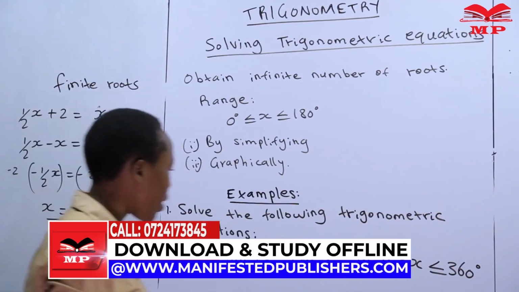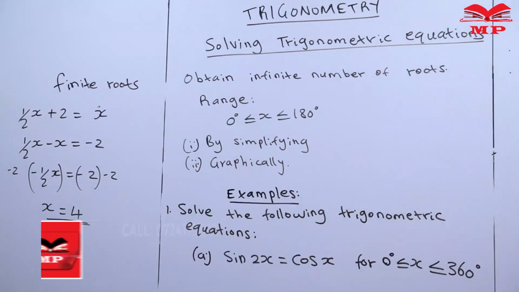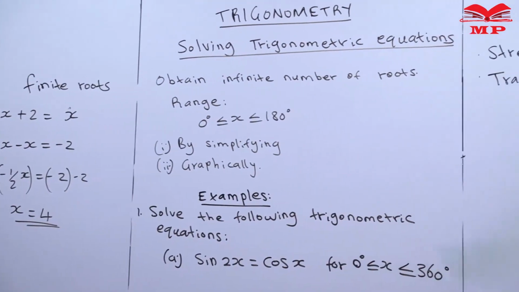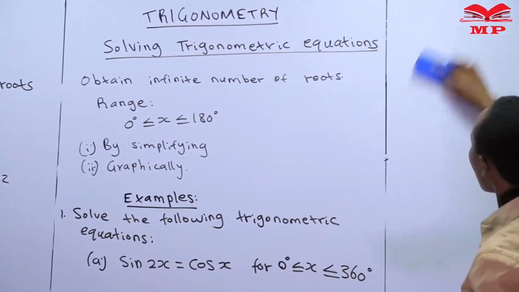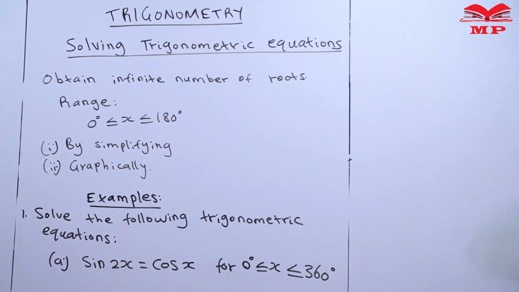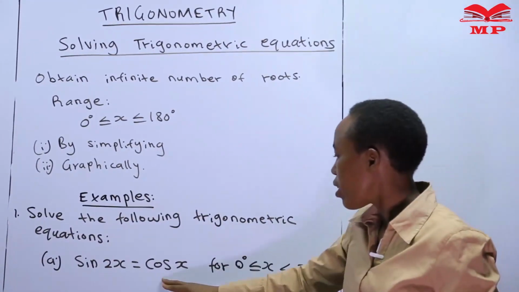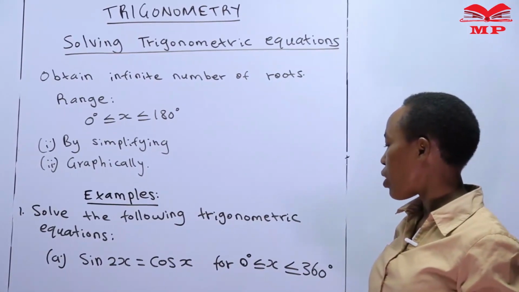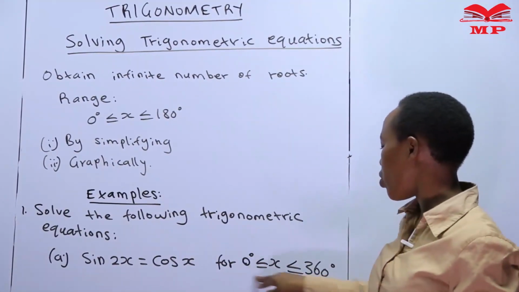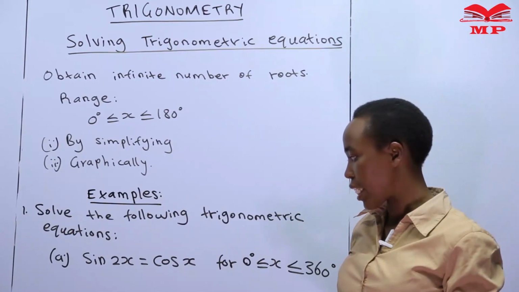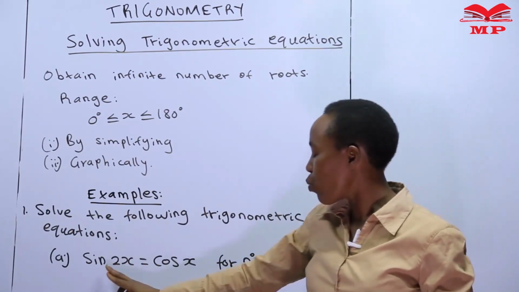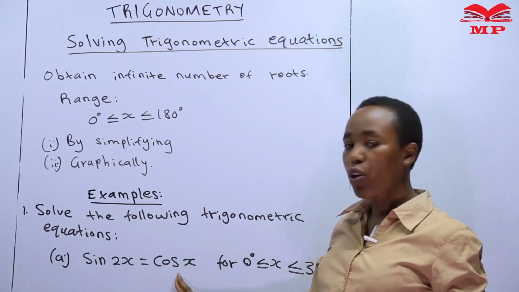Here we are simplifying, we are not using the graphs. We can again solve this using the graph, which we are going to do in the next part of the lesson. So we have sine 2x is equal to cos x. Our range is from 0 to 360 degrees. Remember here you have sine and you have cos.